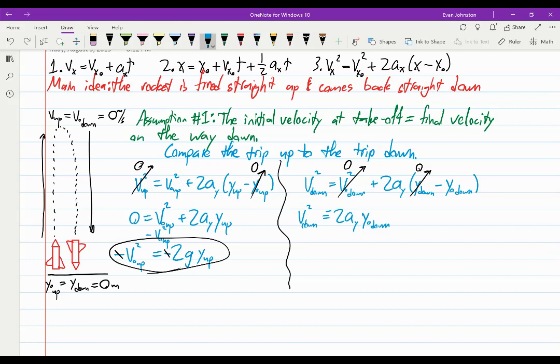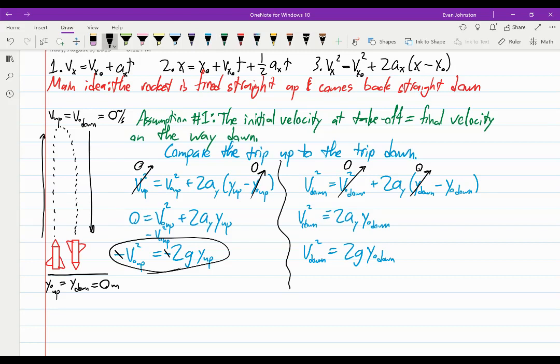It's going down in the negative direction. So we'll pull that negative out, okay? So now we have the final speed on the way down squared is equal to, well, we have a double negative now. So it's just 2g because the acceleration is due to gravity. This thing's speeding it up on the way down or slowing it down on the way up times our initial y position for our rocket, okay?